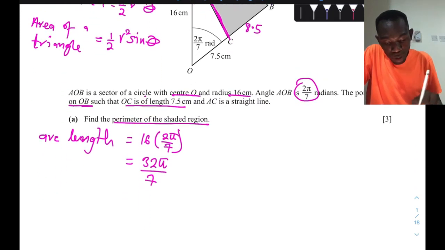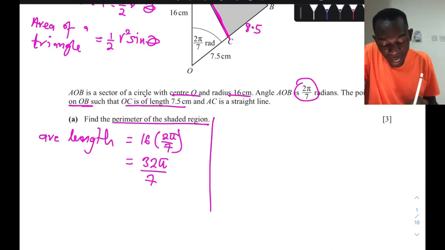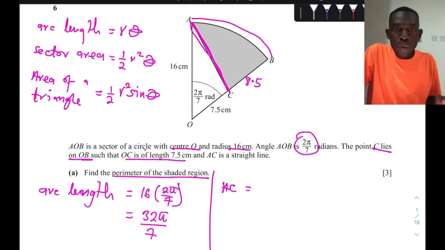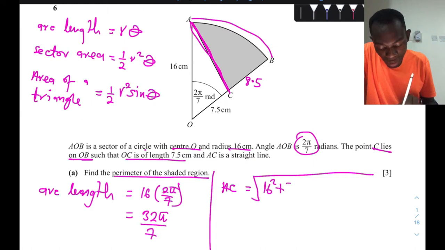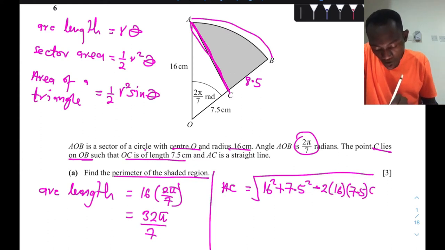AC, right? So if you want to find the measure for AC, you can use the cosine rule. So you have AC is equal to the square root of 16 squared plus 7.5 squared minus 2 into 16 into 7.5 cos the angle, which is 2 pi over 7.